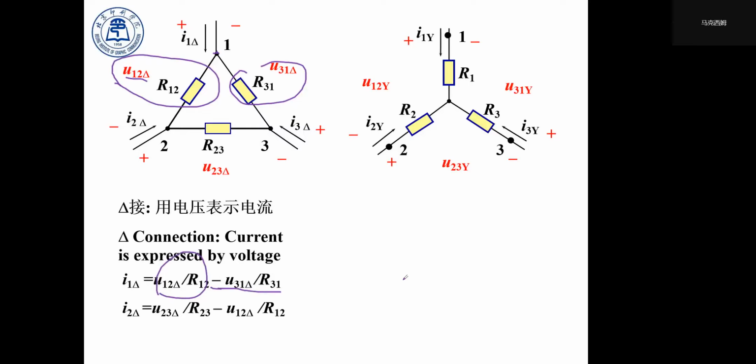Similarly, we can write the relationship between the currents through the 3 terminals and the voltages between 2 terminals. So we have this set of equations to describe the relationship. Similarly, we can do it for the Y-shaped network.